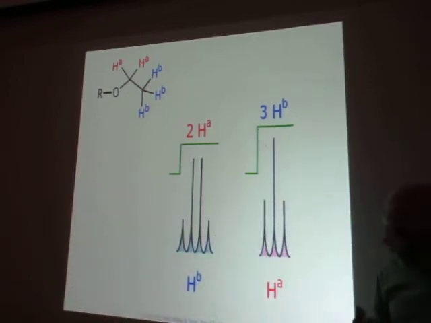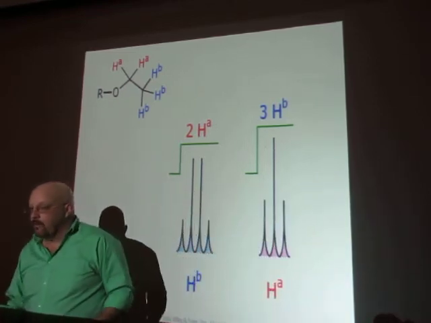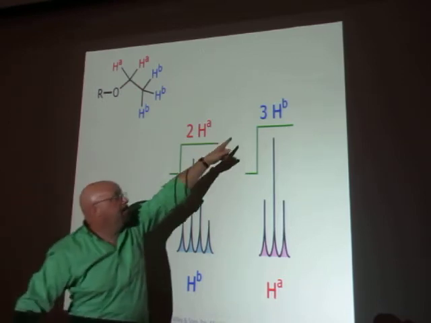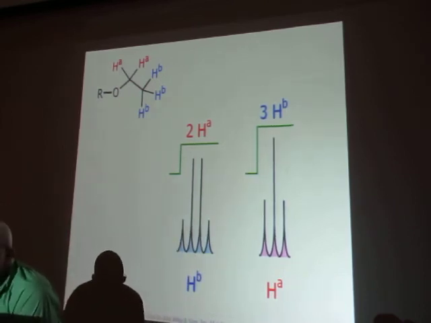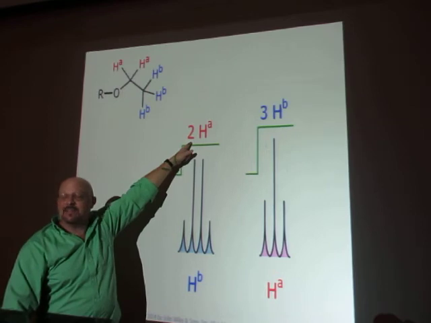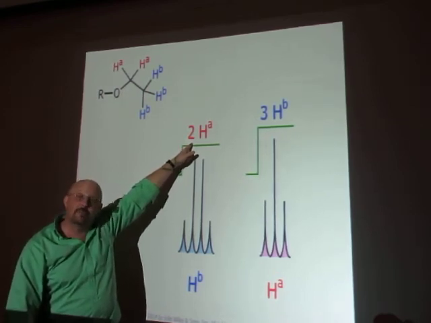So, if you've got something integrating for 2 protons, more than likely, my first guess is that's a CH2 group. If it's integrating for 3 protons, I'm going to first guess that's a CH3 group. Now that doesn't have to be the case. If it's integrating for 2, I guess that it's a CH2, but it could be 2 equivalent CHs.